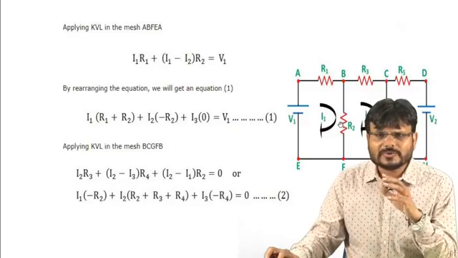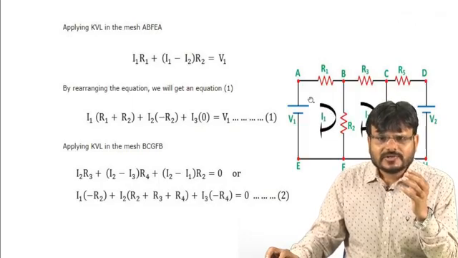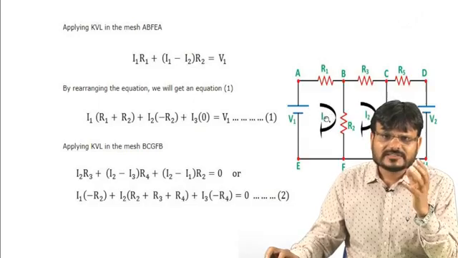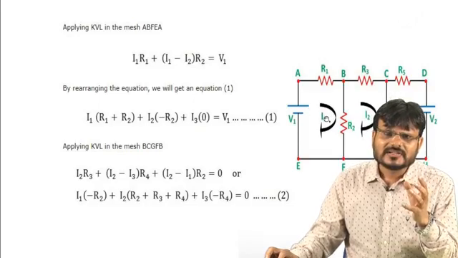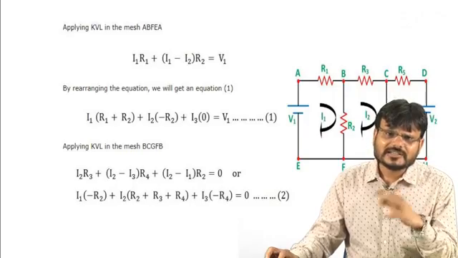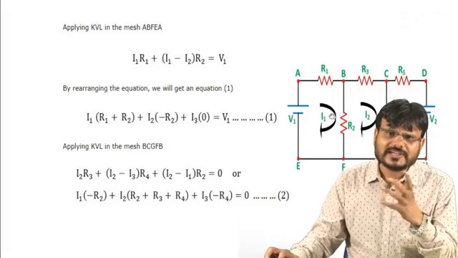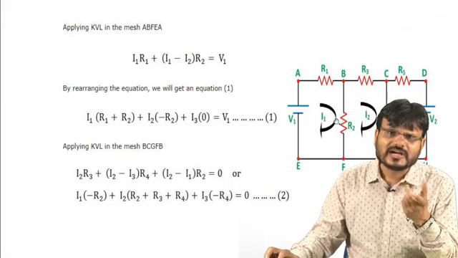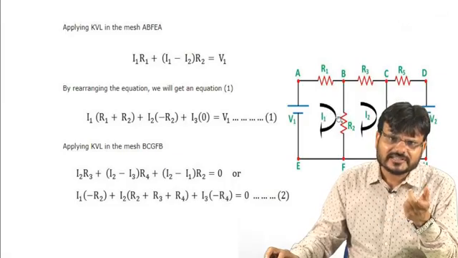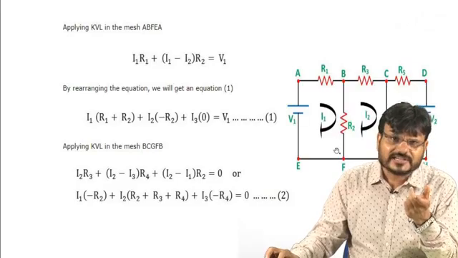What you have to take care of when you are calculating in mesh 1 is to assume that this current I1 is higher than the other loop current. So the net current will be I1 minus I2, and this net current will flow in this direction.